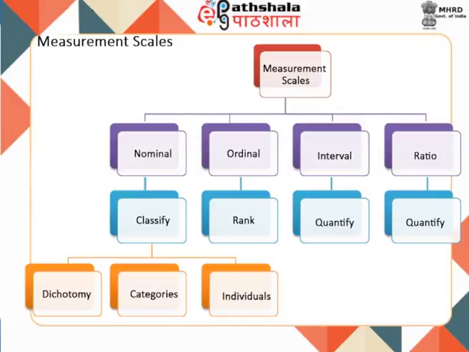An interval scale is one in which the numbers are rank ordered, and it is known how far apart the objects are from one another with respect to the attribute. The ratio scale provides the maximum information about the numbers because in addition to having all the properties of nominal, ordinal and interval scale, it also has a true 0 point.